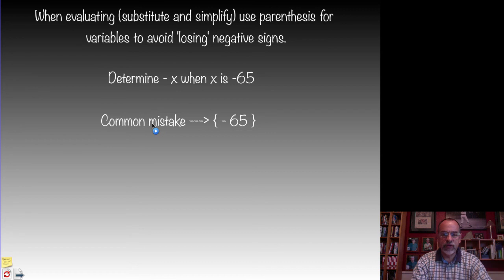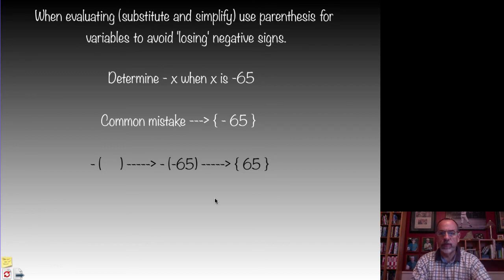And so if we go through this process, and I'm going to require that you do this, you write negative parentheses, so you rewrite the expression, and for every variable you put parentheses in. So you have a negative parentheses for the value of x. Now you go back and put in a negative 65.